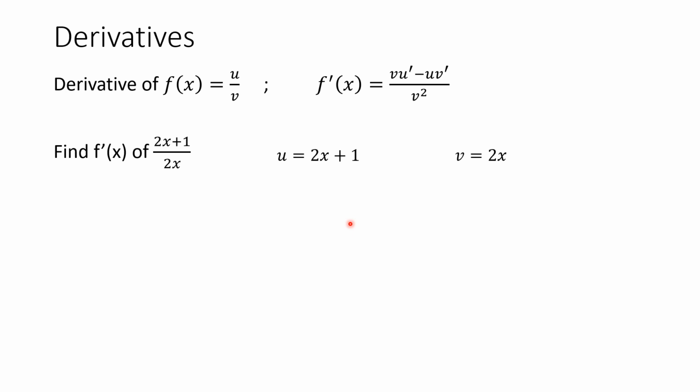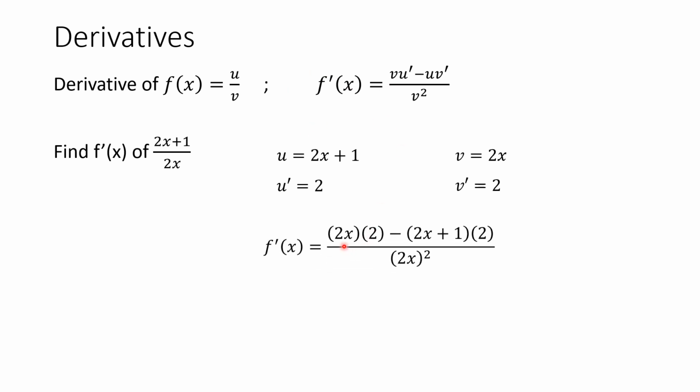So first, we must get the derivatives of u and v, or the u prime and the v prime. u prime will be equal to 2, and for our v prime, that is also equal to 2. So we have now the u, v, u prime, and v prime.